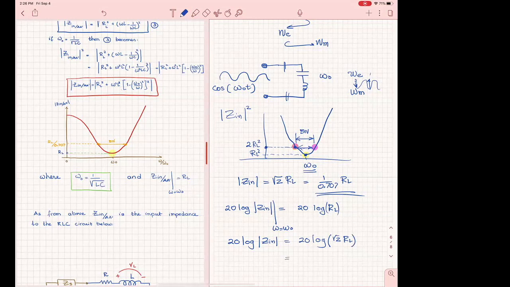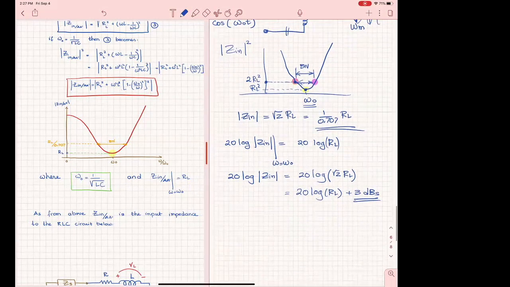That is going to give you 20 logarithm RL plus 3 dBs. 3 dBs means half when you take it to the second power.